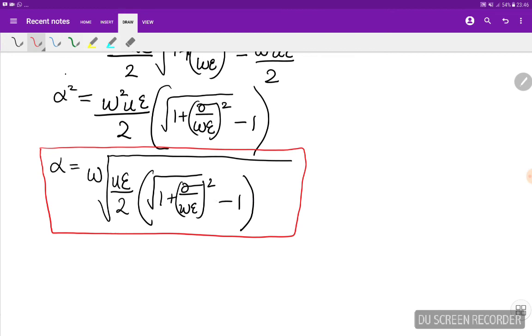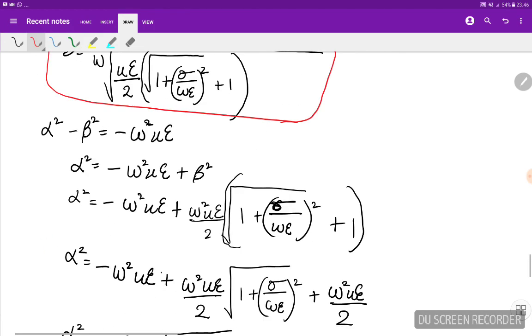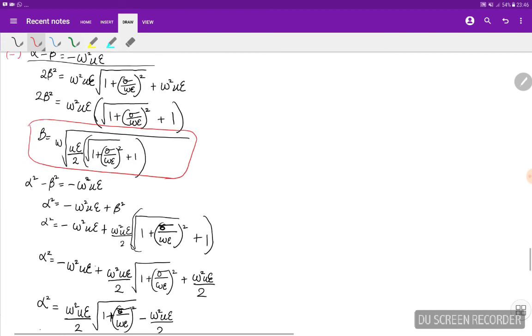If you have free space, your conductivity is 0, everything will be 0. If you have lossy dielectric, your conductivity will be very small, but it will still exist. But for a conductor, your conductivity will not be 0, and then you have another value here. So this is your alpha and your beta. This is the general formula for alpha and beta.